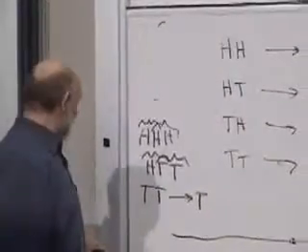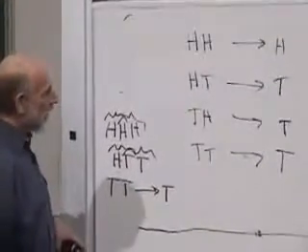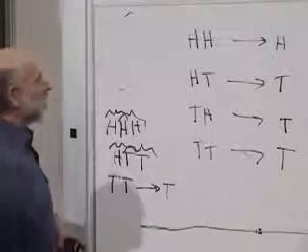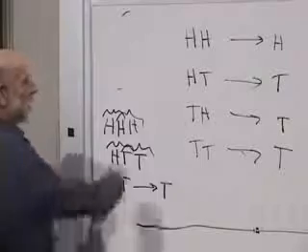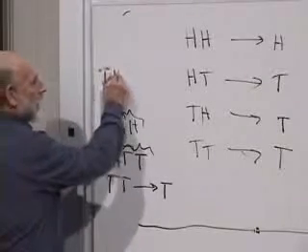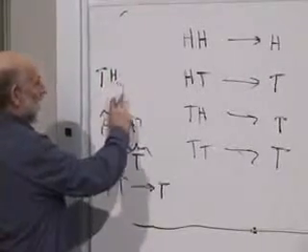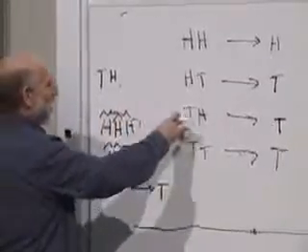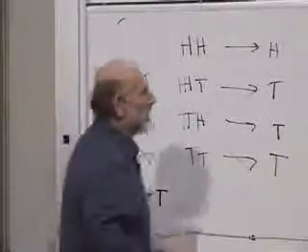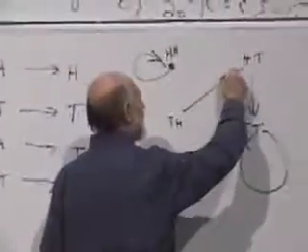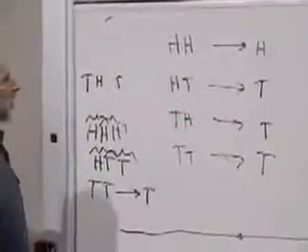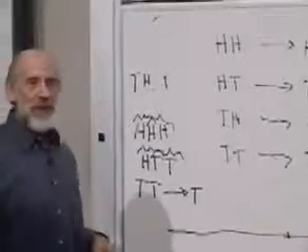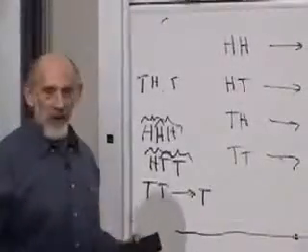And now tails, heads goes where? Tails, heads goes to heads, tails. So that goes here. Well, it seems to me we should be able to make a consistent law.